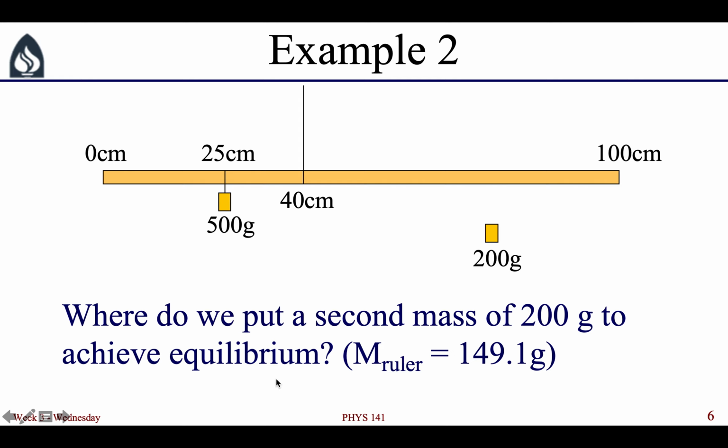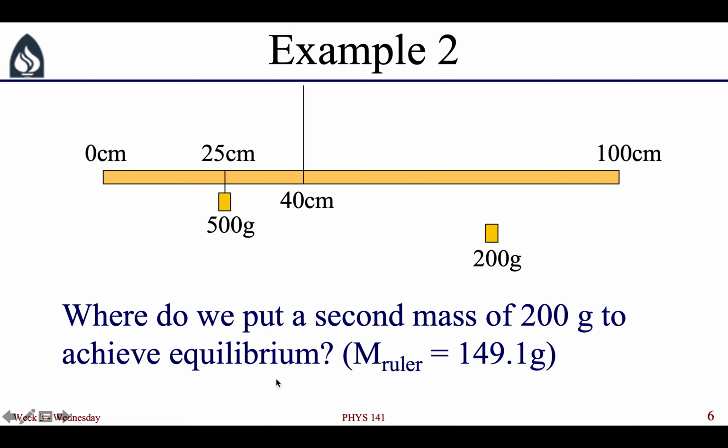All right, so let's look at another example. In this example, we have a ruler. The ruler is hanging by a string, and the string is attached at the 40 centimeter mark. We also have a couple of weights.